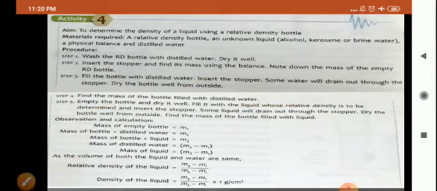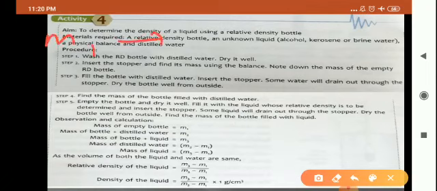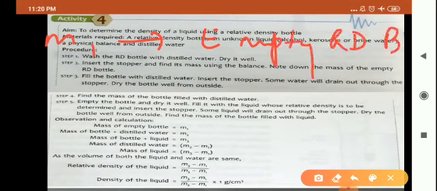What was M1? M1 was the mass of the empty RD bottle. Then with the same bottle, we have filled it with distilled water, and again we have found the mass of that bottle.